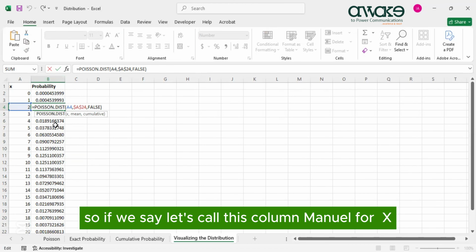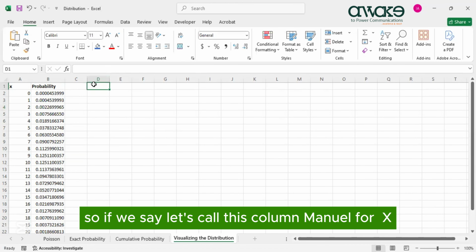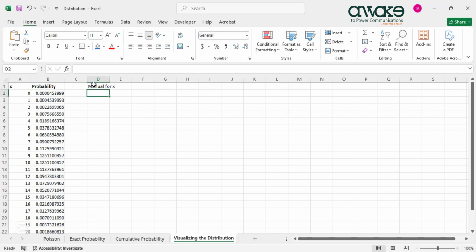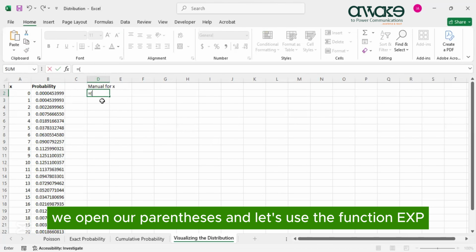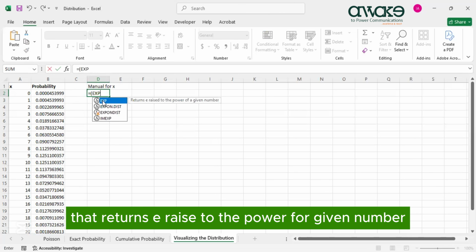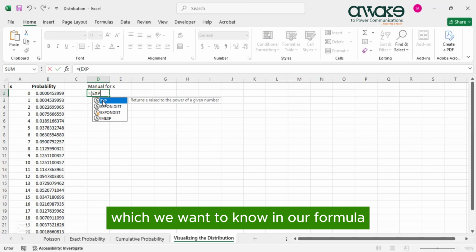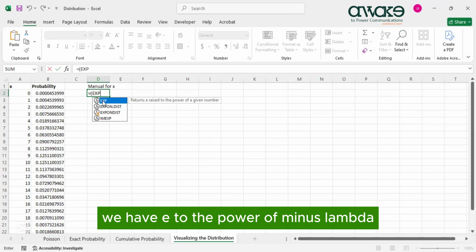All right. So let's call this column manual for X, and we say manual is calculated by, equals, we open our parentheses, and let's use the function EXP that returns e raised to the power of a given number. In our formula, we have e to the power of minus lambda.